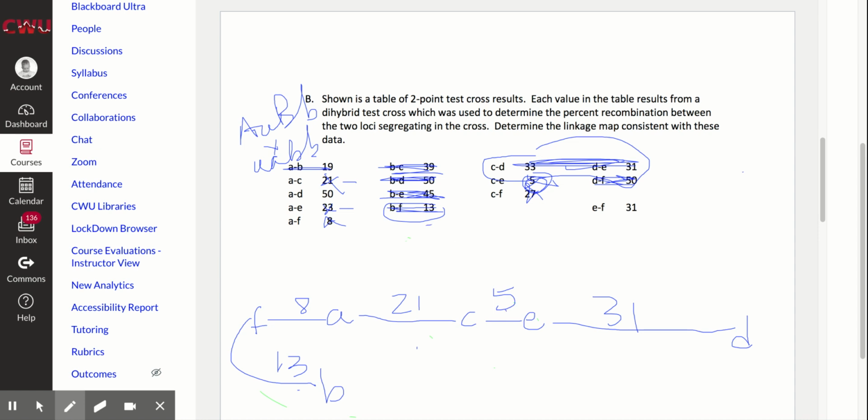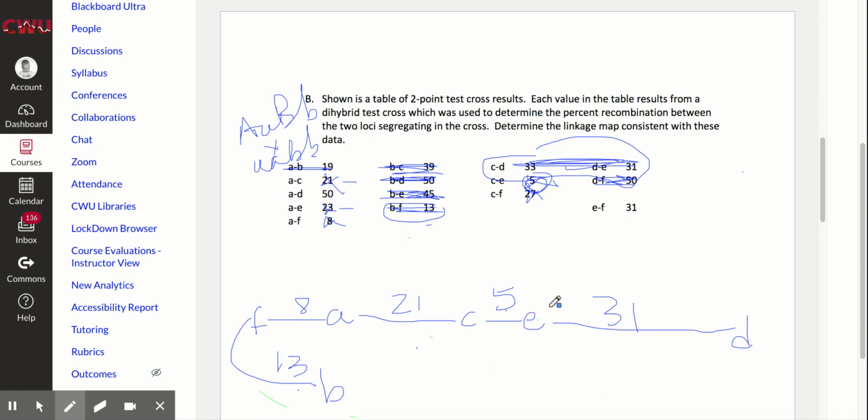Because with 2-point test crosses, you don't have to get very far away on the chromosome before it looks like independent assortment. But if you can kind of stepwise your way out through a series of different genes, different loci, through different 2-point test crosses, then you can get a longer map with more things in it. And E to F is not a new thing.